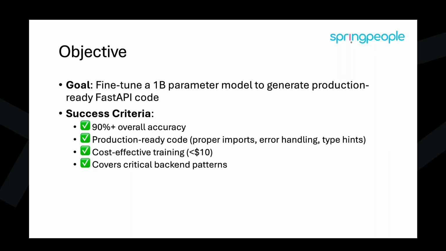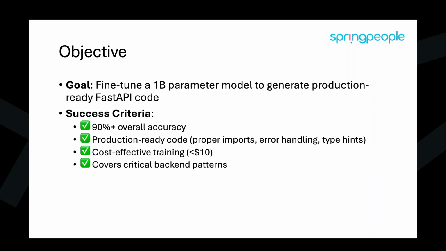After tuning, we actually hit more than 90%. Actually, we hit nearly 100%, and it was able to really generate great production-ready code without being very expensive. When I say $10, it's per hour, and I didn't have to go through multiple hours overall.